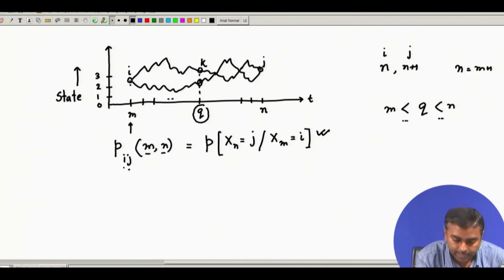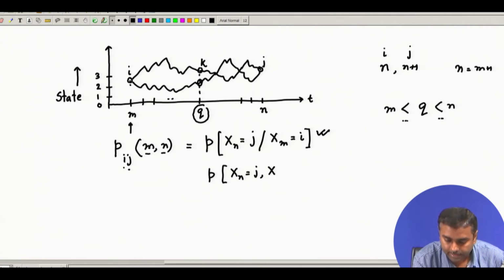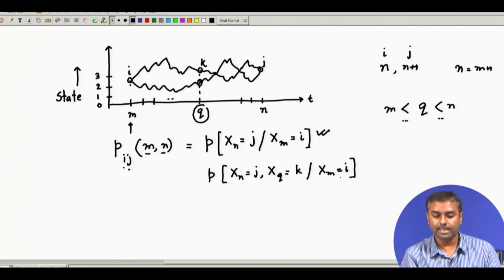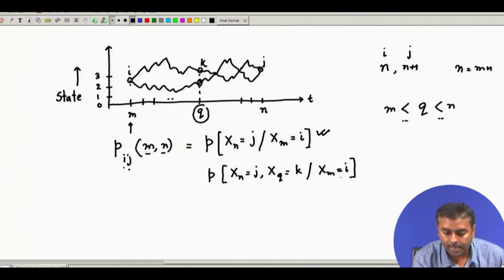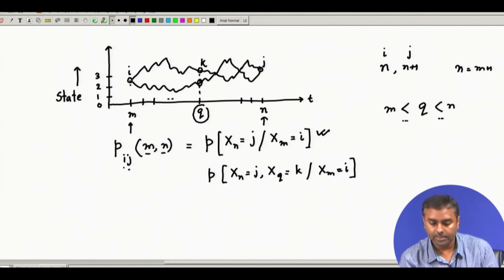Okay. So, I can write, if I now characterize these things, that X_n equal to j and X_q equals to k, given that X_m equals to i. So, if I say these things, what does that mean? That means, as if this is my future prediction at n, where it will go.